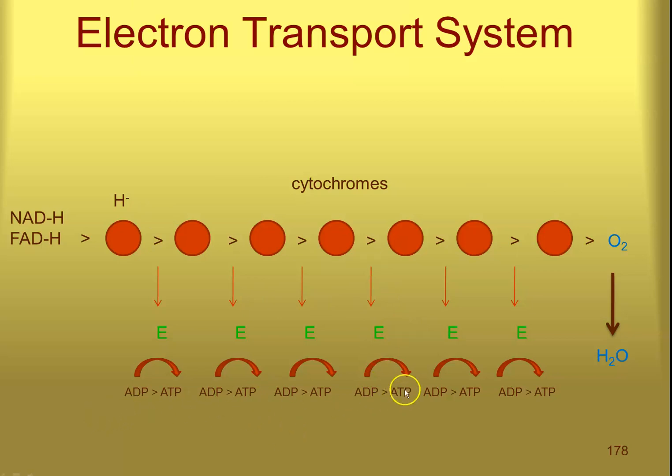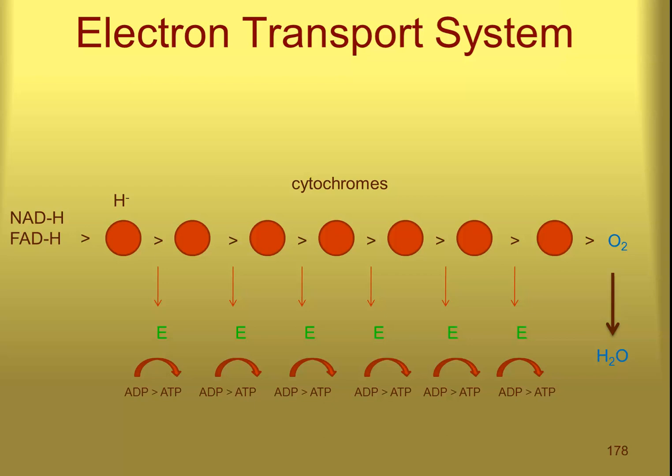So in other words, a lot of ATP created from the NADs and the FADs that picked up high energy electrons in glycolysis and the Krebs cycle. A lot more than the two that were generated in glycolysis. And like a bucket brigade, if the last person in the bucket brigade doesn't unload his or her buckets, just hangs on to them, all the other people in the bucket brigade have to hang on to their buckets because they've got nowhere to pass them to.